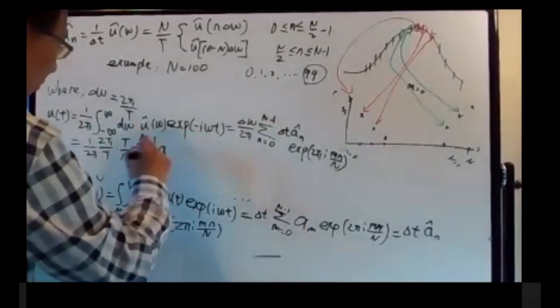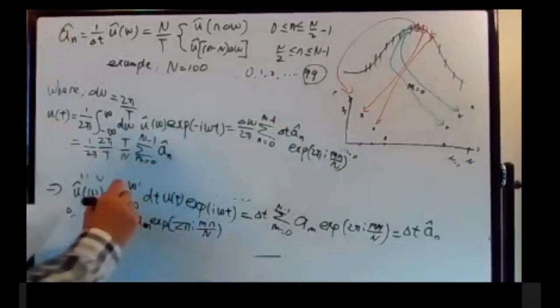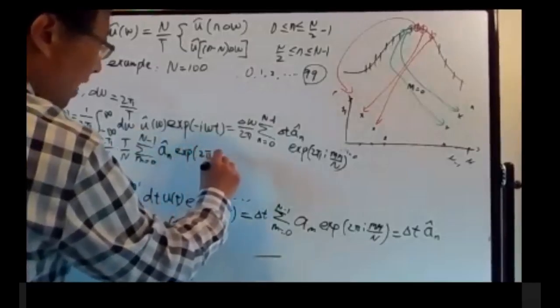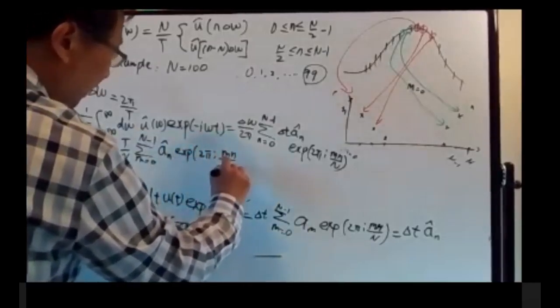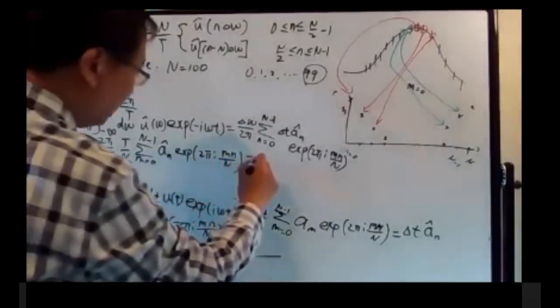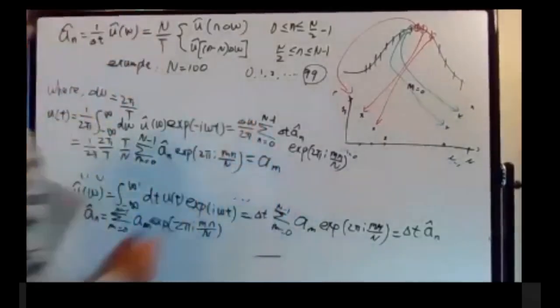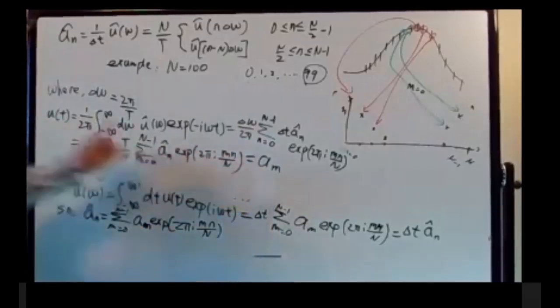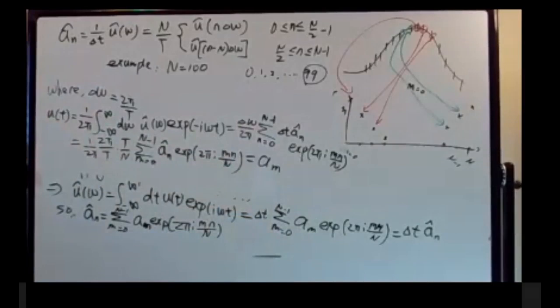And then we copy a_n hat, exponential 2 pi i mn over N. And this whole thing should be a_m, because it is u_t.